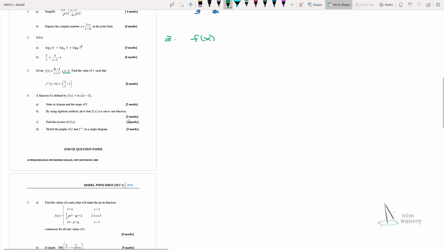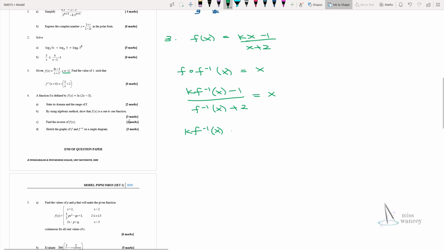So f(x) is equal to (kx minus 1) over (x plus 2). So we're going to do f composite with f inverse equal to x. Therefore, (k f inverse of x minus 1) over (f inverse of x plus 2) equal to x. So I'm going to bring my denominator to the right hand side. So k f inverse of x minus 1 equal to x multiply with f inverse of x plus 2x.